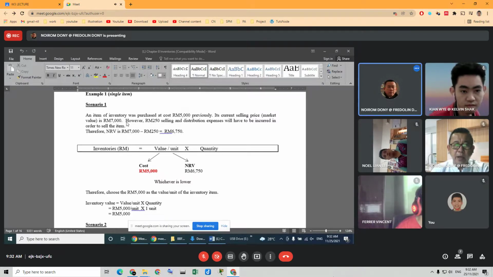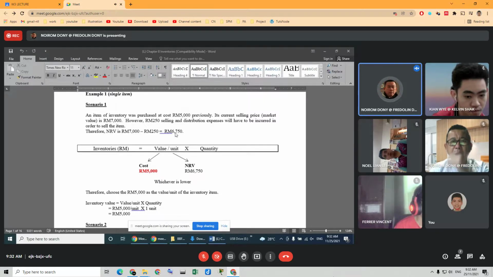But before they can sell at 7,000, they need to do advertisement. So they group that cost as selling and distribution expenses. So for the NRV, we use the formula: the market price 7,000 less 250. So this is the net realizable value.